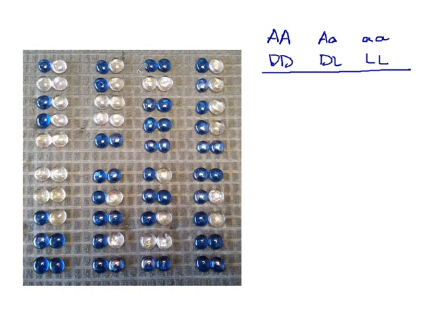So, here comes the counting. I'll try to get through it quick. For homozygous dominant, we have 1 there, and 2, 3, 4, 5, 6, 7, 8, 9, 10, 11, 12, 13, 14, 15, 16. Heterozygous, we have 16 again.